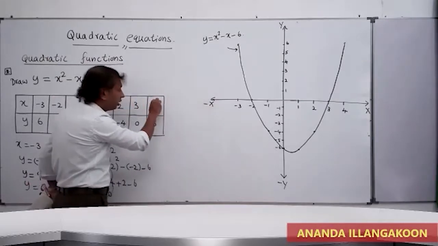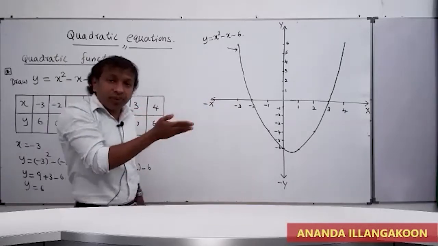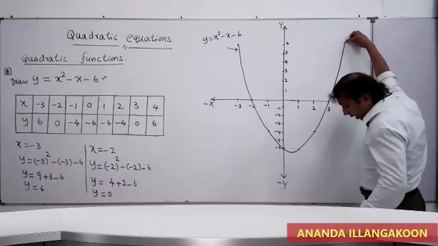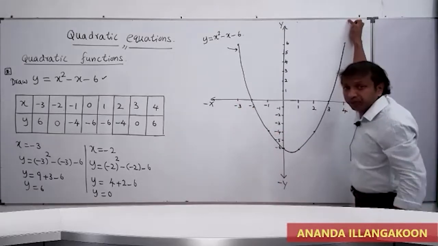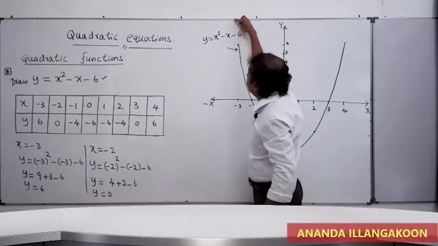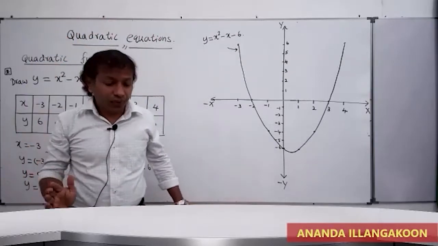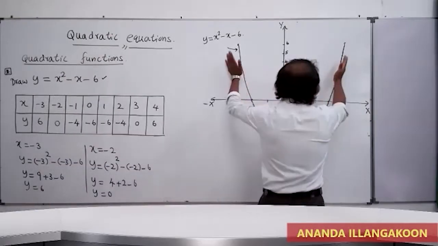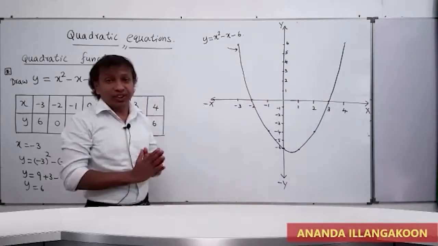Now you can very clearly understand, when we put x values 5, 6, 7 and so on into this table and find the y value, the y value is increasing. That means this branch we can draw like this when you put some more x values into the table. This side we can extend this way. So the two branches of this graph go to positive infinity.